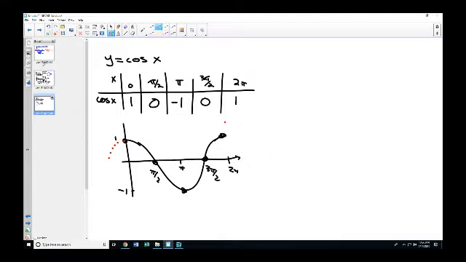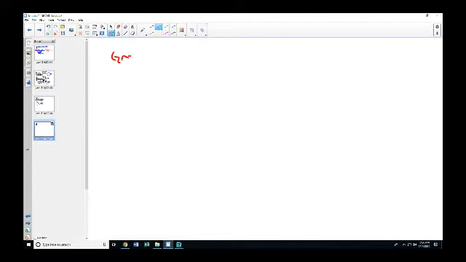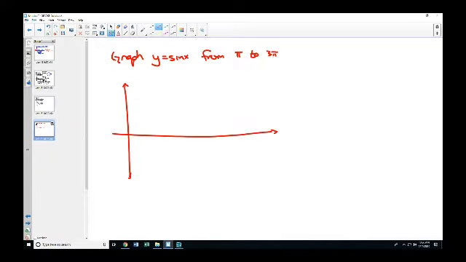Some of the things you'll run up against. Let me give you one example. Graph y equals sine x from pi to 3 pi. So we don't give you the standard window, but different values. Also, we just start at the x-intercept.